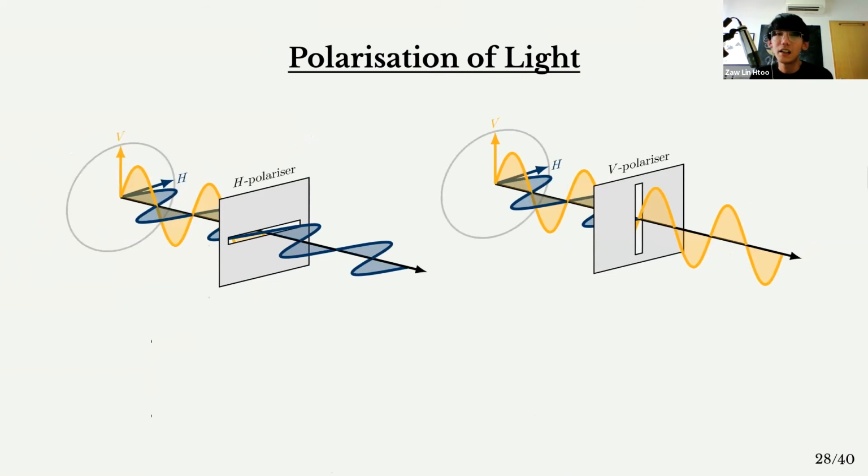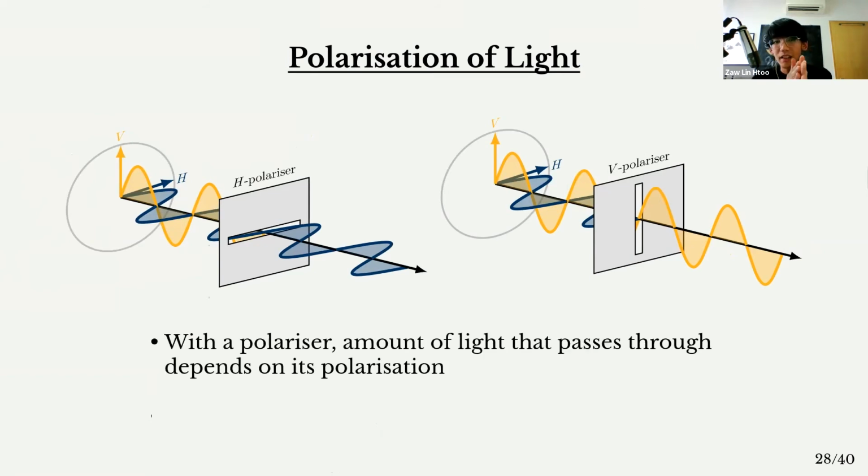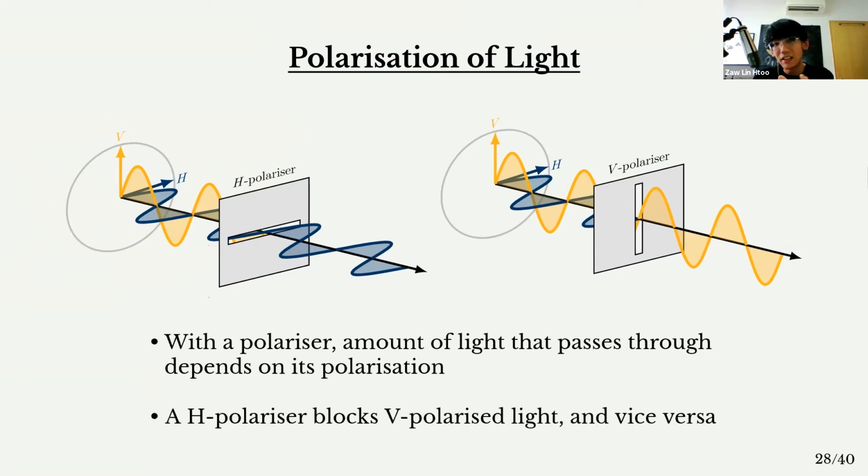So the first thing that would be of interest is that with polarized light, you can have these things called polarizers, which you can also find in sunglasses, right? If you have a H polarizer and you have H polarized light, it's going to pass through. But if you have a H polarizer and you have a vertically polarized light, it's going to be blocked. So that's the left image there. And conversely, if you have a V polarizer, it only lets through vertically polarized light.